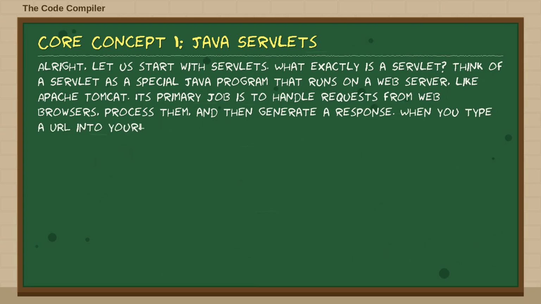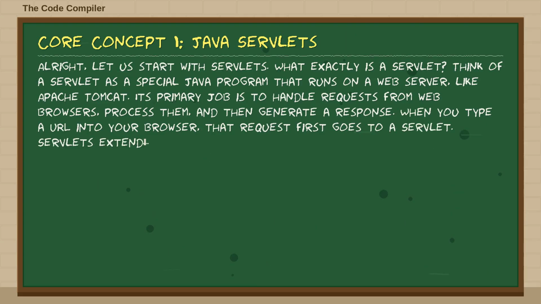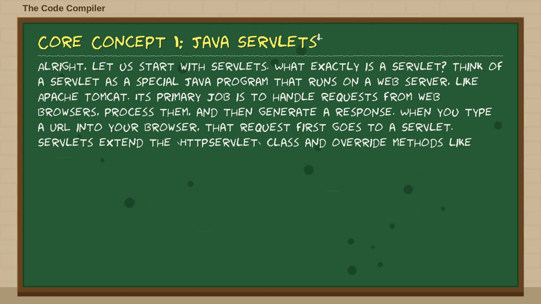When you type a URL into your browser, that request first goes to a servlet. Servlets extend the HttpServlet class and override methods like doGet for HTTP GET requests or doPost for HTTP POST requests. The service method dispatches to these specific methods.